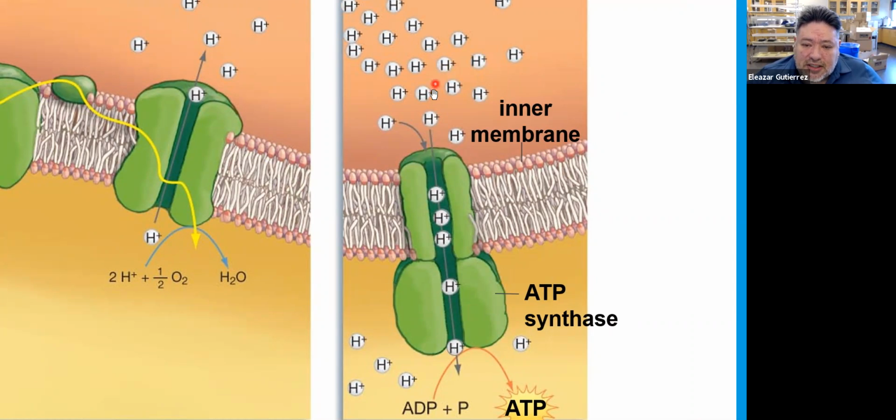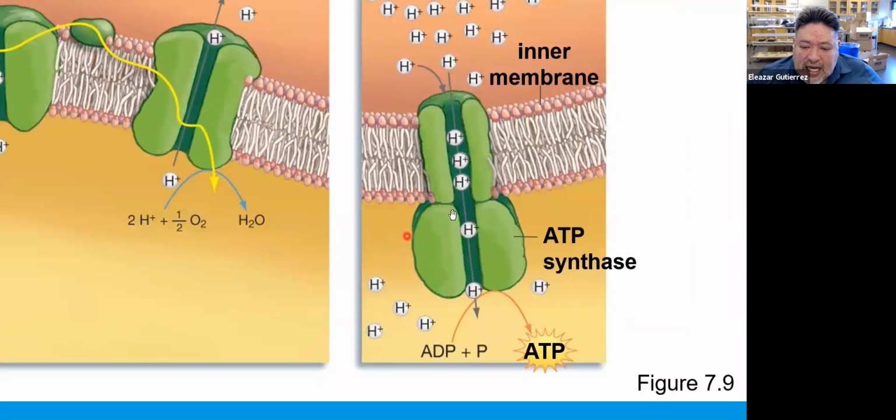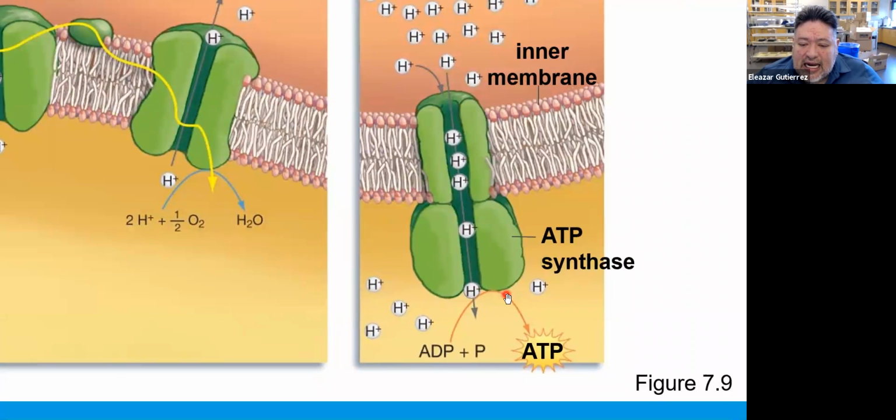So as the protons come through that enzyme, it turns it, and it literally mechanically pushes a phosphate on adenosine diphosphate to form ATP. This thing turns like a machine. This is happening in every single one of your mitochondria.